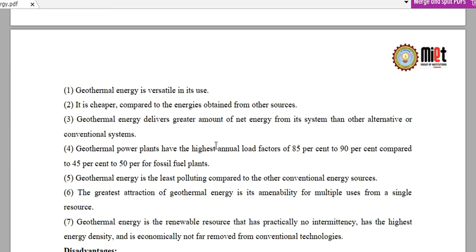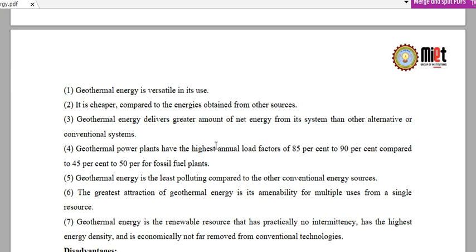The advantages are: geothermal energy is versatile in its use. That means it can be used directly or for electricity generation, etc. It is cheaper compared to the energies obtained from other sources. Geothermal energy delivers a greater amount of net energy from its system than other alternative or conventional systems. Geothermal power plants have the highest annual load factors of 85% to 90% as compared to 40 to 50% for fossil fuel plants.